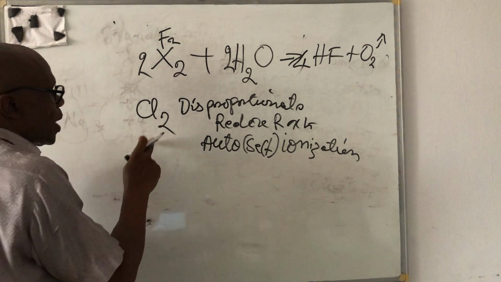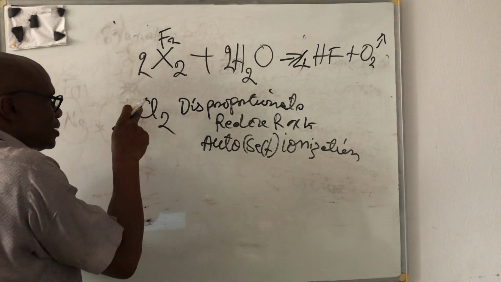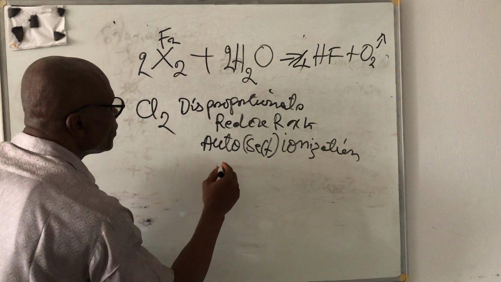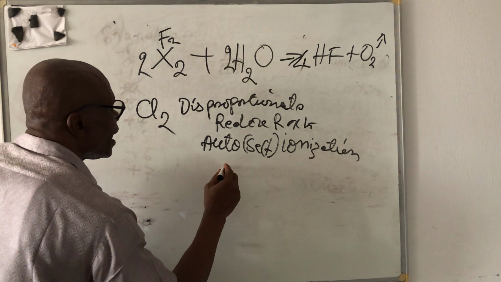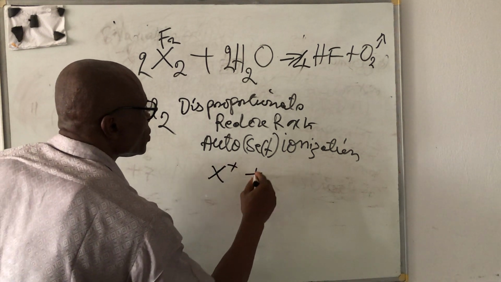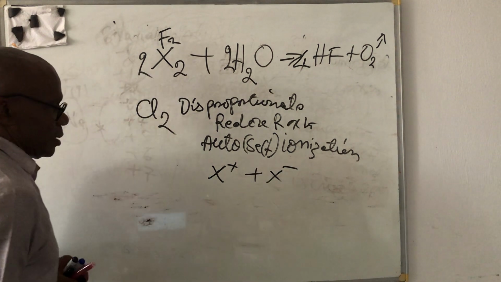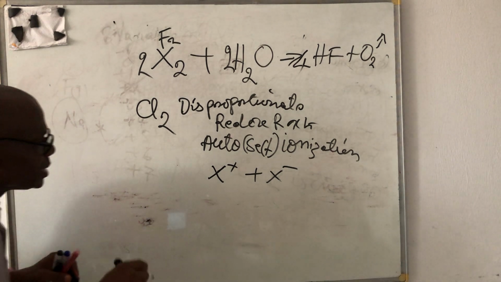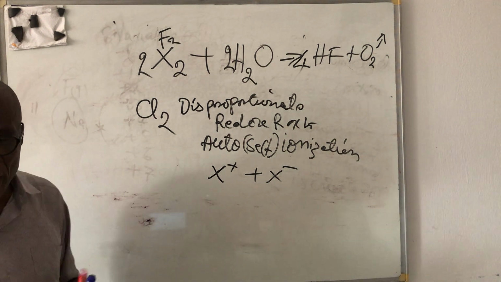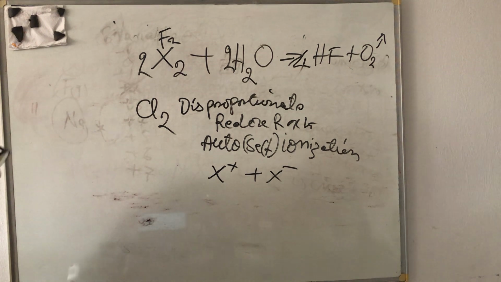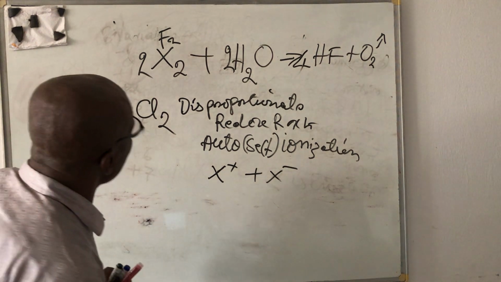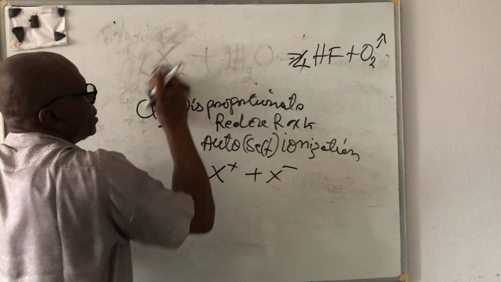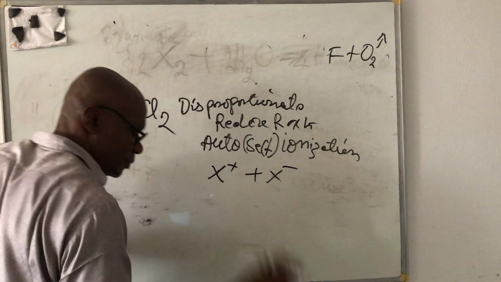When a halogen, like in the case of chlorine, undergoes auto-ionization, you have the X2 become X minus plus X plus. It will ionize itself. In that instance, let's take an instance where chlorine reacts with water. We have already seen fluorine.